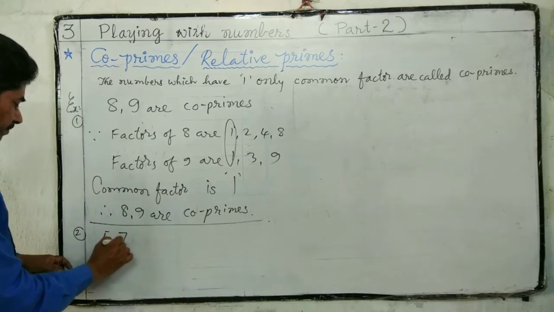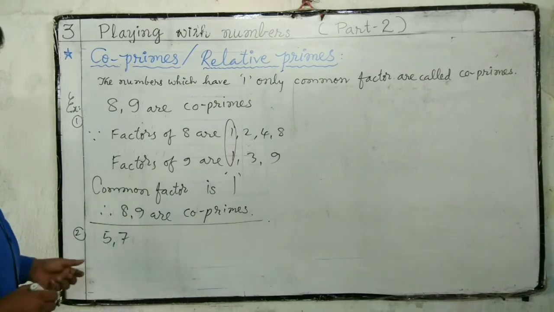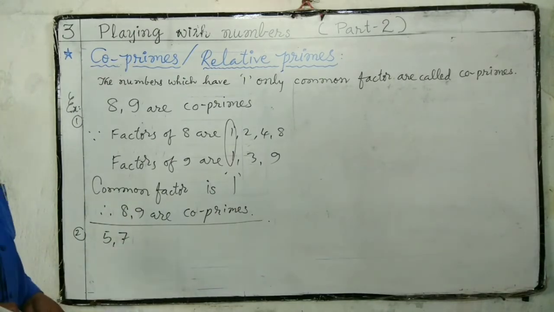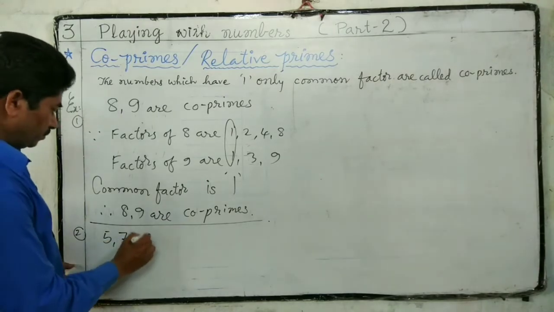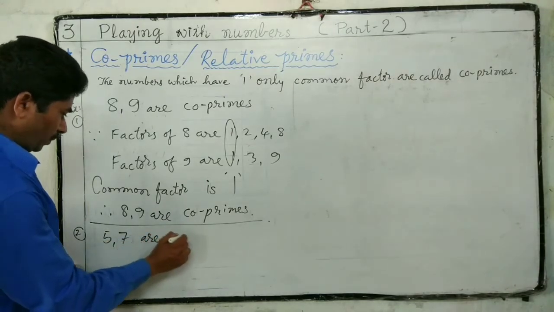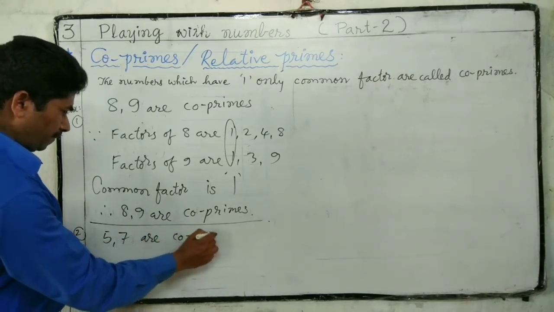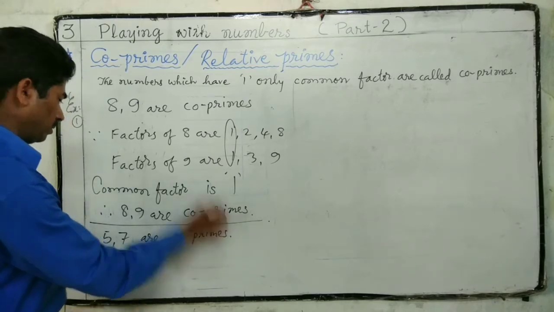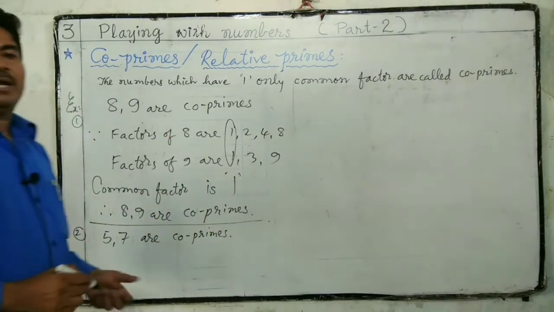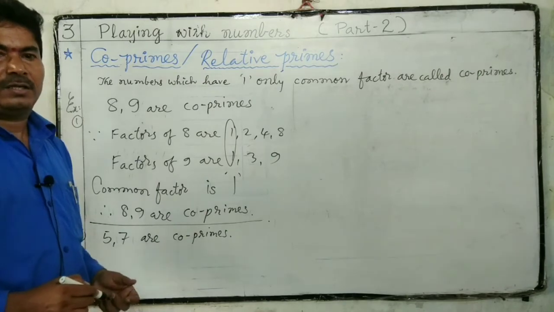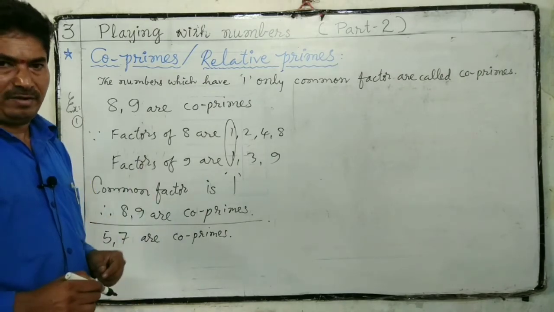5, 7 are co-primes because all primes are co-primes. They have only one common factor.